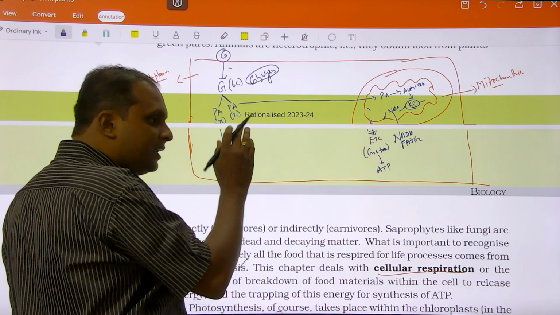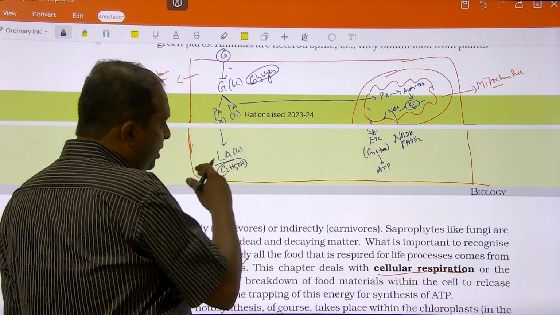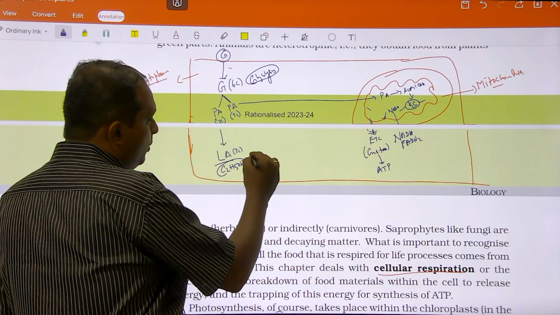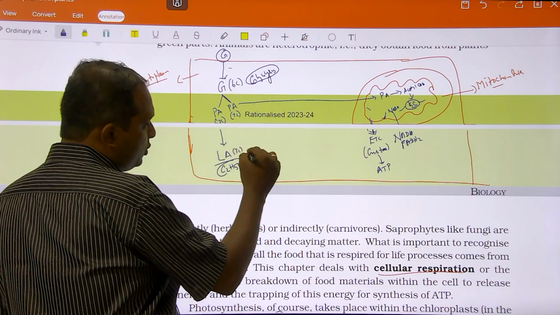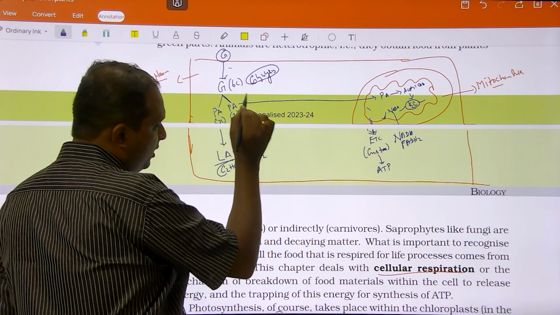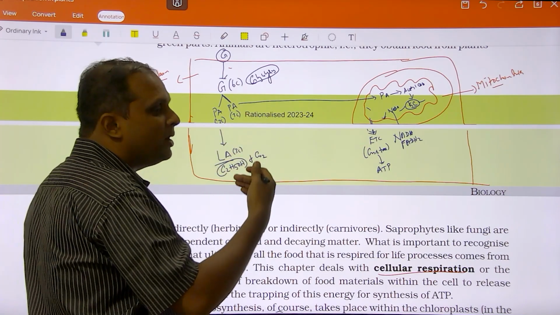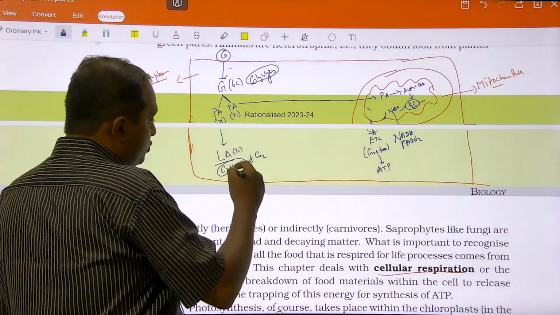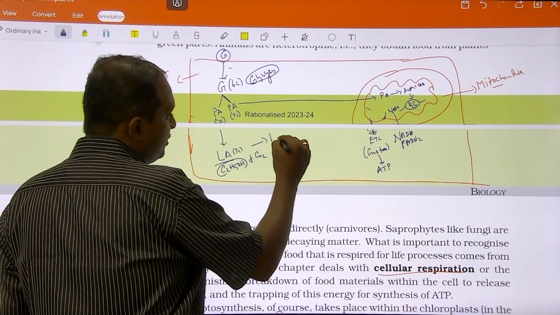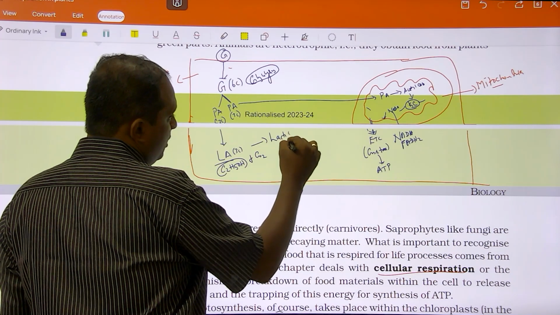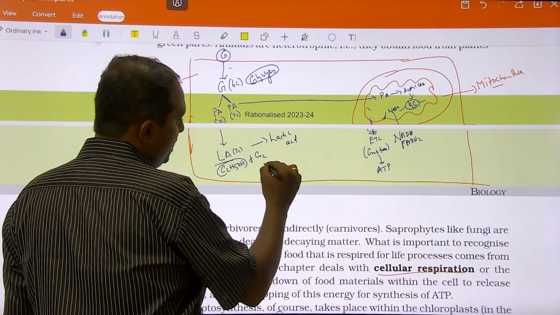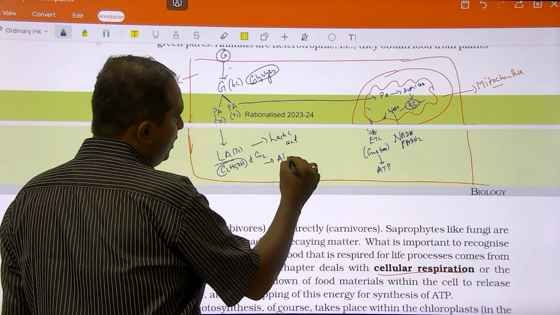That is either lactic acid or ethanol, not both. So what is the number of carbon in ethanol? 2. So here there are 3, here there are 2. So 1 will be compensated with carbon dioxide. So this is what is called fermentation. This is called lactic acid fermentation, and this is called alcoholic fermentation.